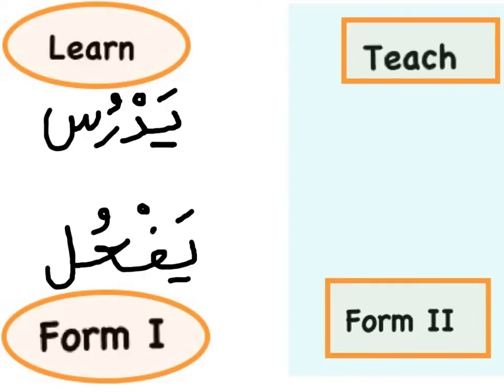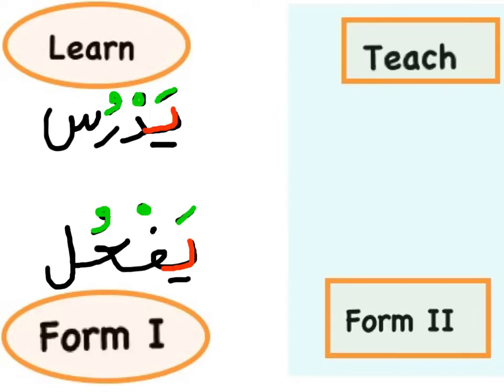As you can see, the ya for the pattern and the vowels are all part of the pattern, and we are left with the placeholding consonants fa'ala for darasa. So this is form 1.